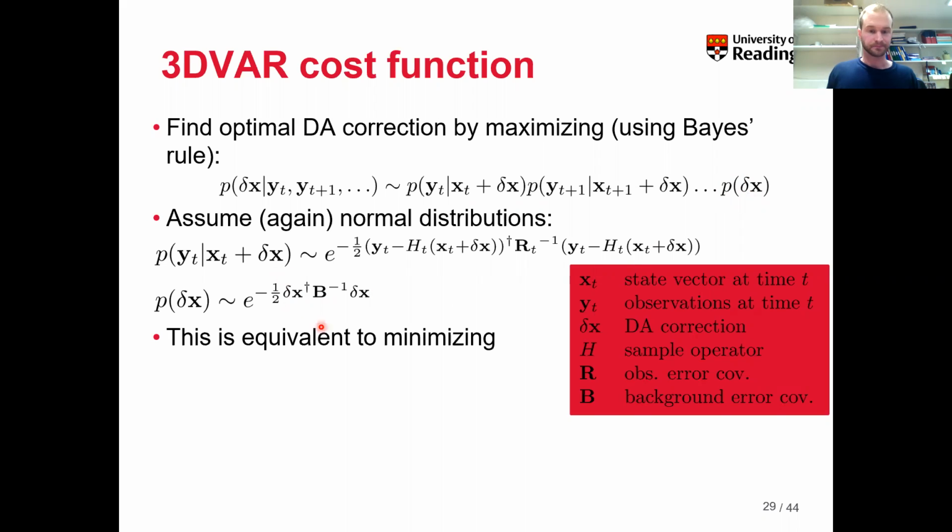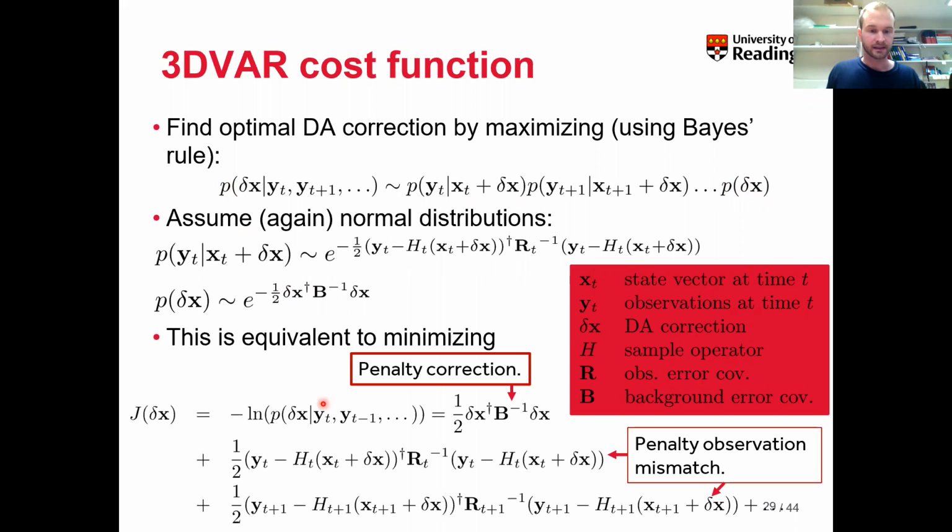And then maximizing this probability is equal to minimizing minus its logarithm, which turns out to be this function. This function contains two kinds of terms.